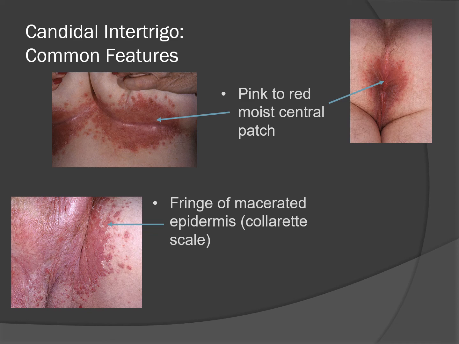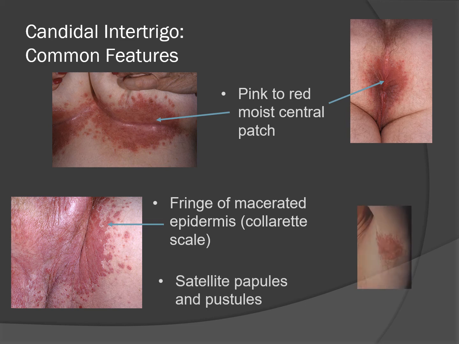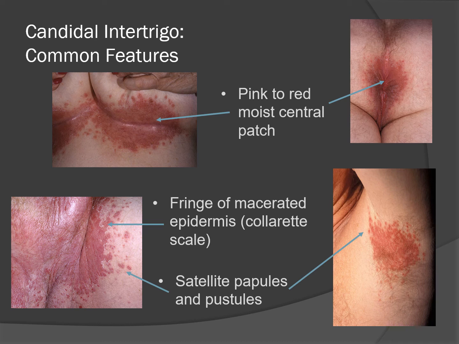And beyond that collarette scale, there will also be the appearance of satellite papules and pustules all around the main moist central patch, as you can see here. So whether it be inframammary, perineal, in the groin, or in the axilla, these are the features that you will see in any lesion of Candidal intertrigo.